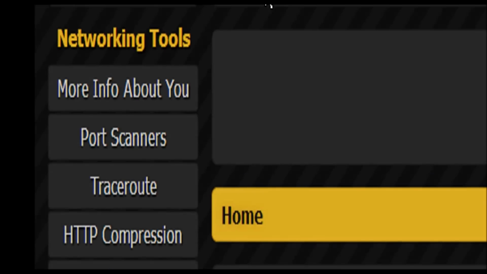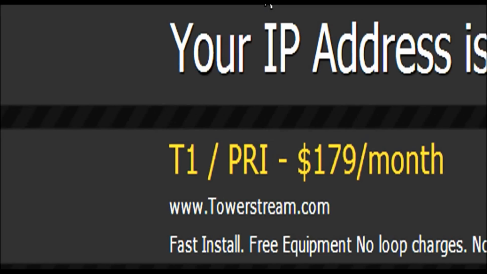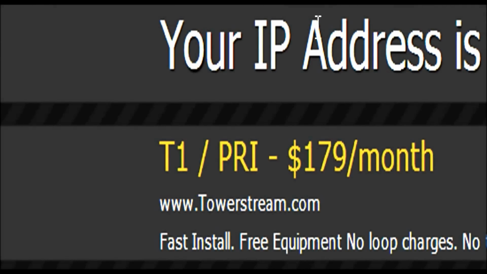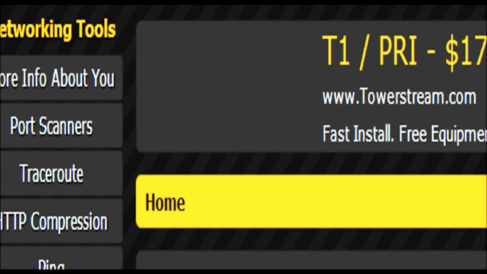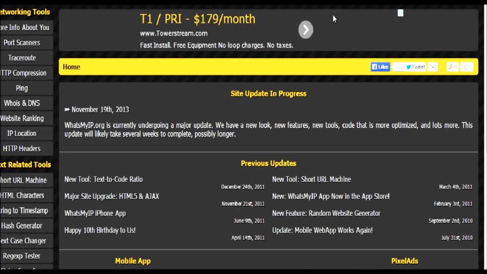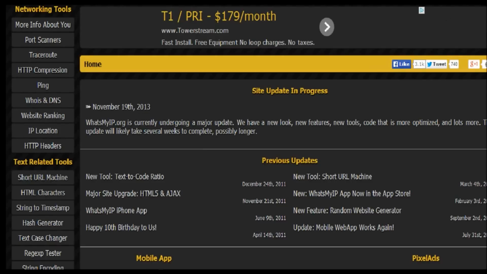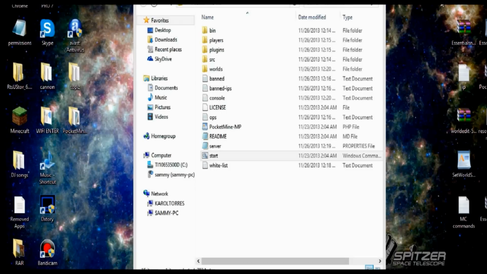It should be the first one, and you'll get a symbol like this, and then it will say your IP address is something something. I just don't want to show you my IP. So you just give them the IP that is on there. Just give them the numbers, no spaces, no port, no nothing. Just give them that number, and you close the internet.